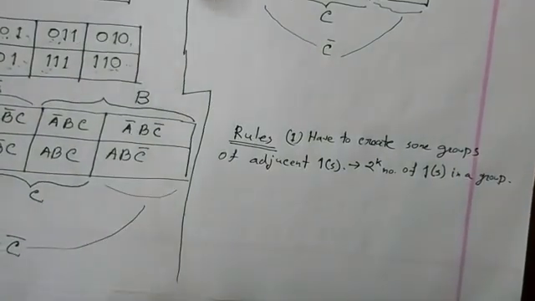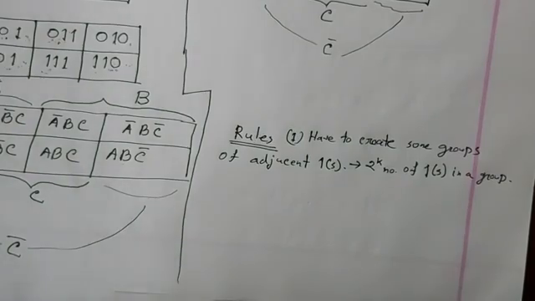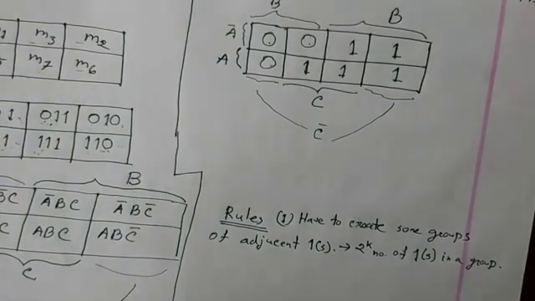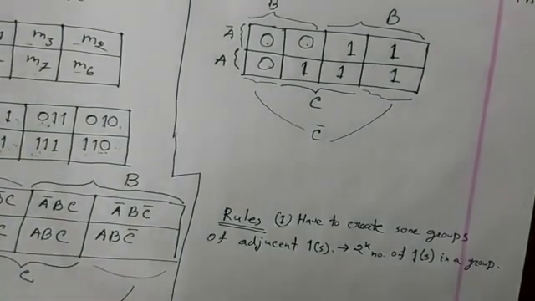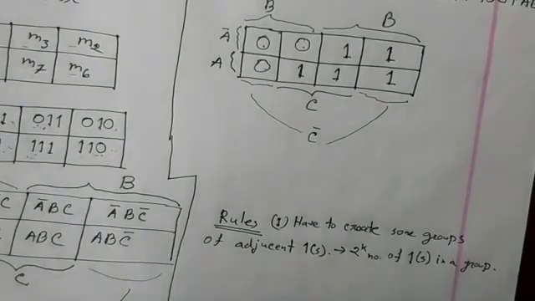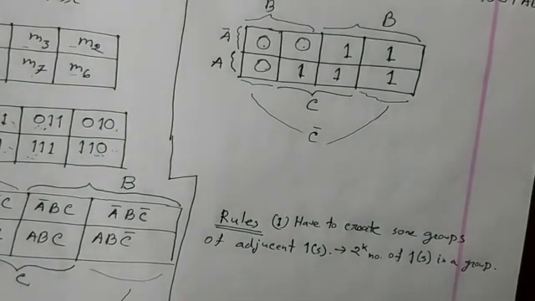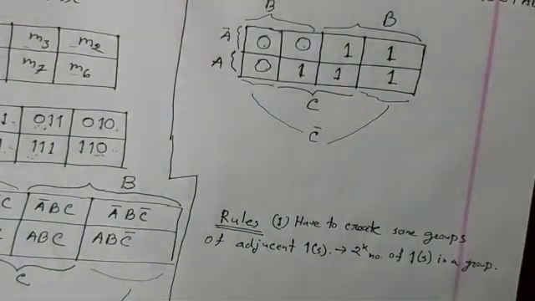What does it mean? It means we can make a group of 2 to the power k ones. 2 to the power 0 is 1, 2 to the power 1 is 2, 2 to the power 2 is 4, 2 to the power 3 is 8. So we can make a group of only either 1 one, or 2 ones, or 4 ones, or 8 ones.